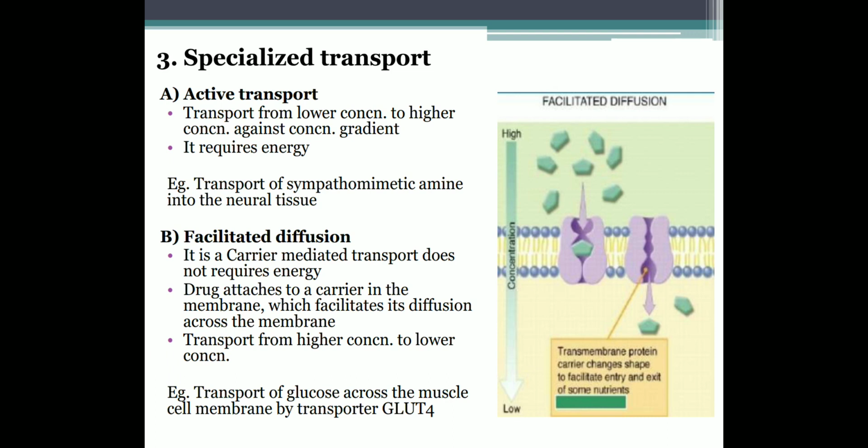For example, transport of glucose across the muscle cell membrane by the carrier transporter GLUT4. As you can see in the picture, the protein carrier changes shape to facilitate the entry and exit of some nutrients.